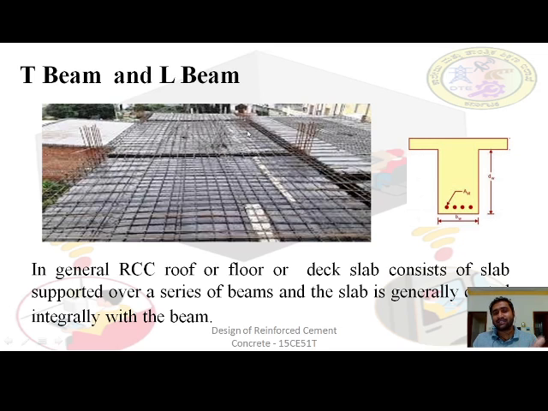That action can be called the T-beam action, and that's why we call this a T-beam. The slab on either side will help to resist the moment in the beam. Where and how it will help, we'll see later. But the first thing is that the slab helps to resist the moment. That's why this is called the T-beam.